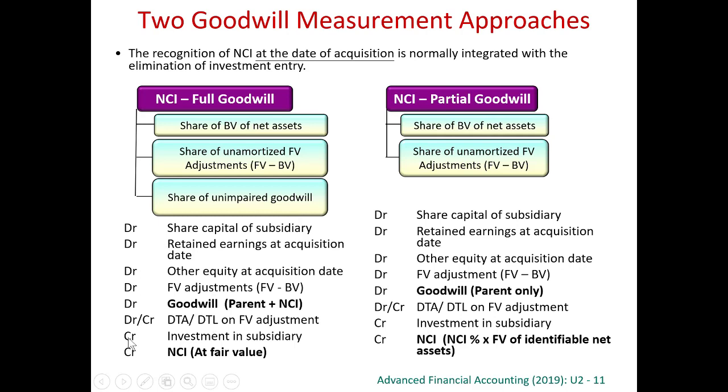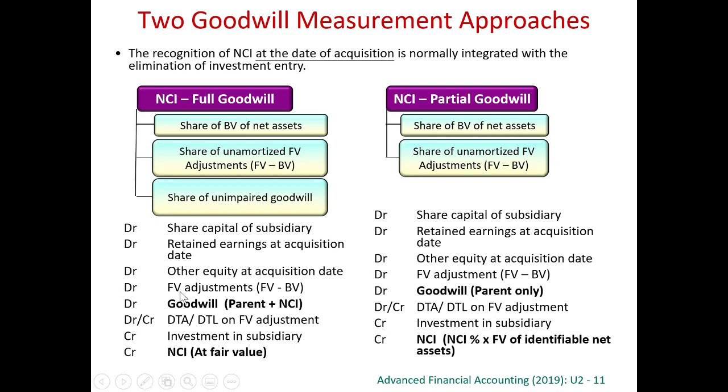So as I've said before, we need to credit investment in subsidiary, and we debit the equity of the subsidiary at the day of acquisition. So we debit share capital, we debit retained earnings, and we debit other equity at the day of acquisition. There may be a fair value adjustments, because we have to revalue everything of the subsidiary at the day of acquisition to fair value.